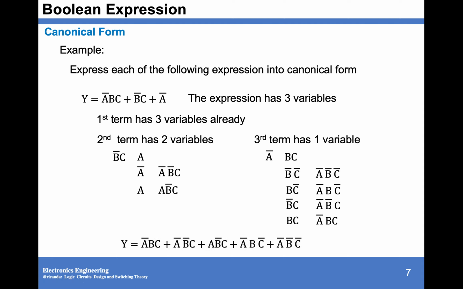So for your Y, we have A bar B C, A bar B bar C, or A B bar C, or A bar B C bar, or A bar B bar C bar.